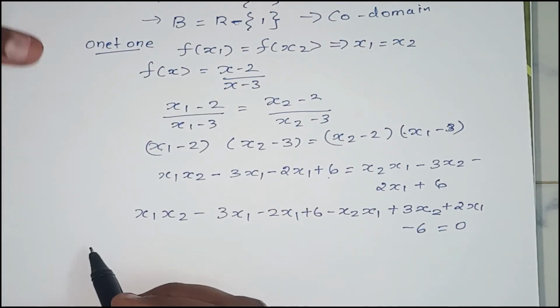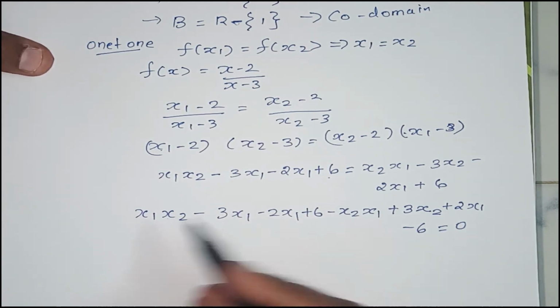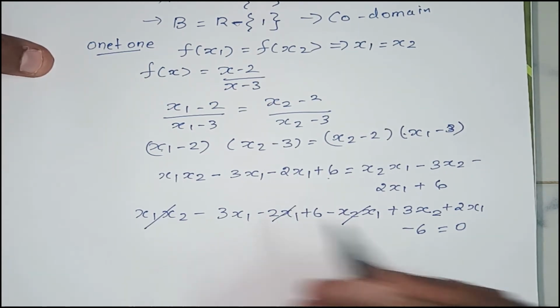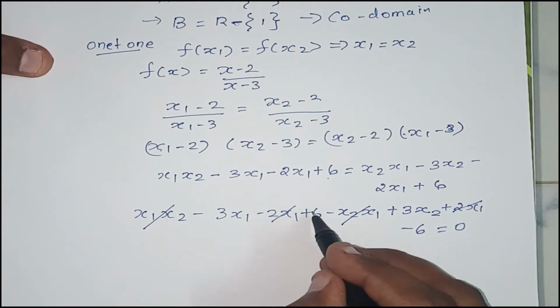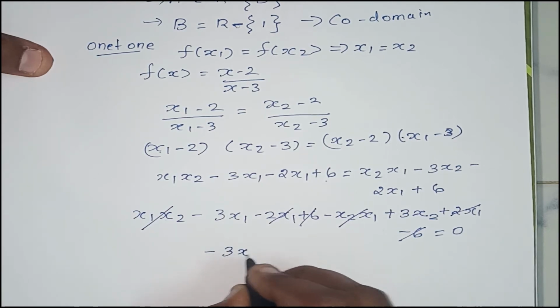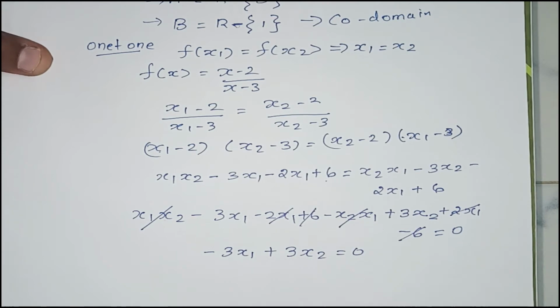What are the terms we need to cancel? x1 x2 and minus x1 x2 cancel. Next minus 2x1 plus 2x1 cancel. Then plus 6 and minus 6 cancel. So minus 3x1 plus 3x2 equal to 0.